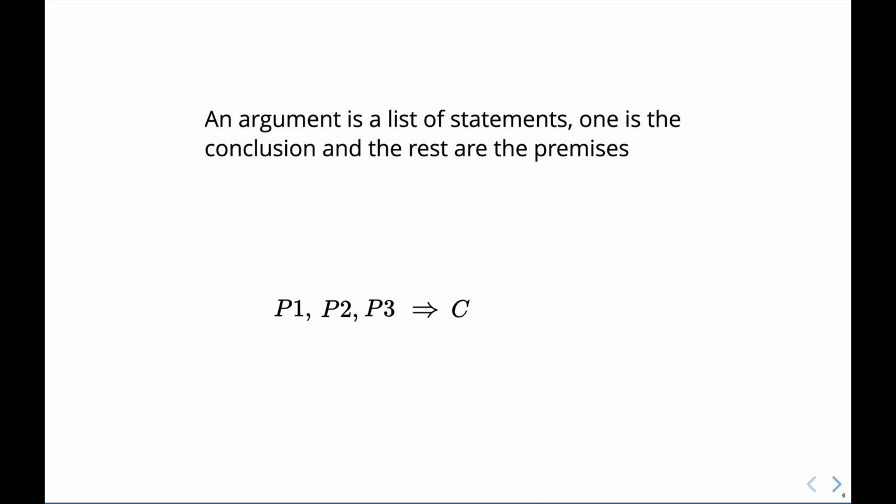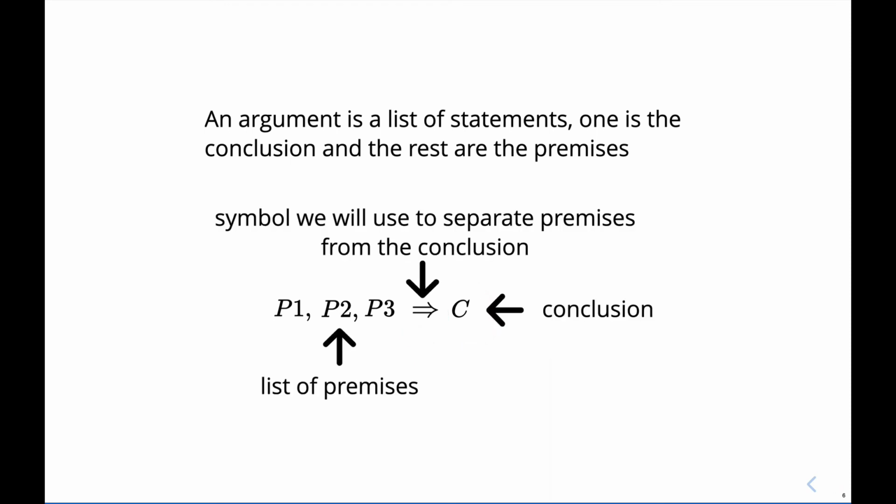And it's most natural to draw an argument where we write all of the premises to the left of this conclusion indicator, and then we write down the conclusion. Now, the symbol we will use to separate the premises from the conclusion is this double arrow. The conclusion will come to the right of this double arrow, and the list of premises, separated by commas, will come to the left of that double arrow.